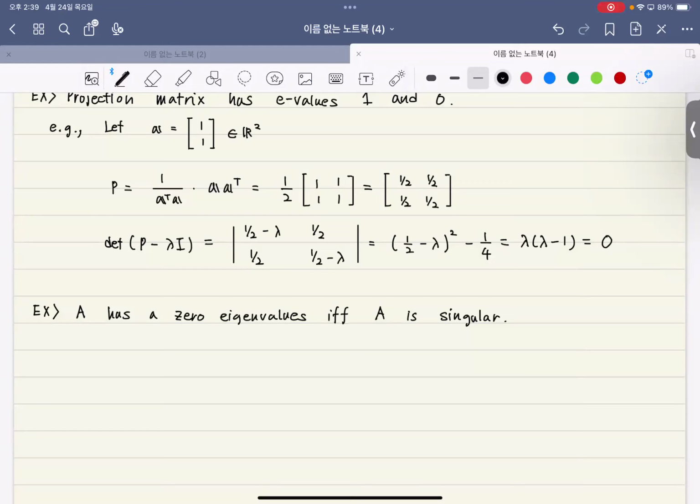I claim that if your matrix A has at least one 0 eigenvalue, then A must be a singular matrix. Because having a 0 eigenvalue implies A times eigenvector X equals 0 times X, which is 0. That means you have just found a non-trivial non-zero vector that belongs to the null space of the matrix A.